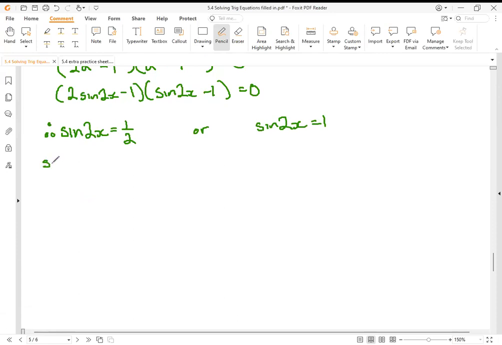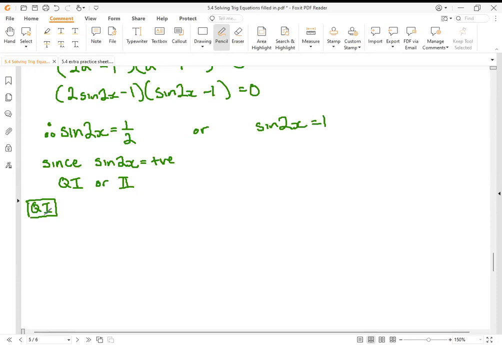So how about I go about this super thoroughly? Since sine 2x equals a positive value, I know that 2x has to be an angle in quadrant 1 or quadrant 2. So let's pretend I am dealing with quadrant 1.